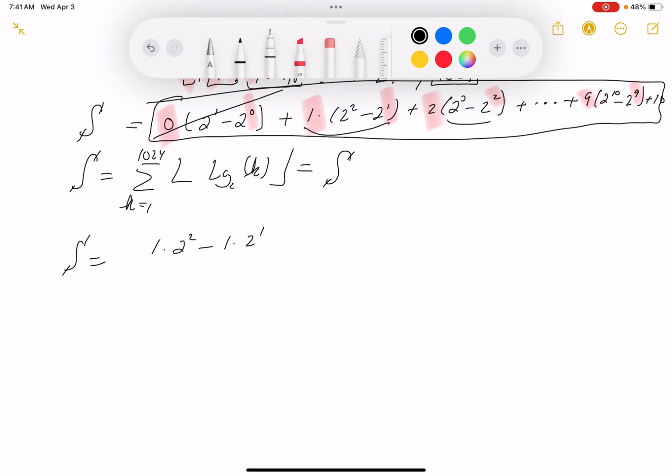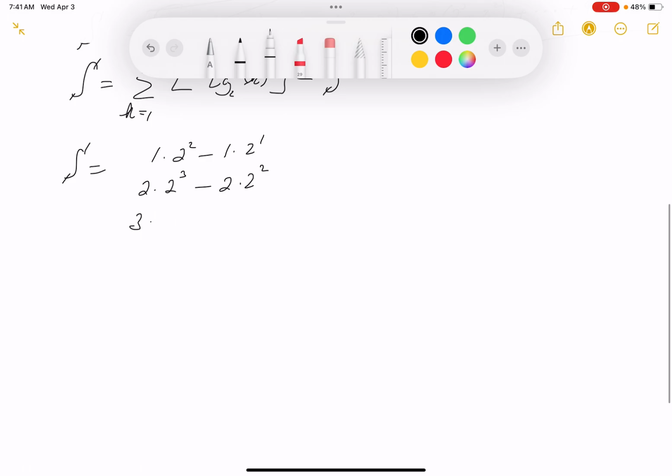All right, this one's done. Let's write the next one down. What do you get there? You get 2 times 2 cubed minus 2 times 2 squared. What's the next one going to be? 3. It's not that bad to write down, actually. And then, 4. Let me put 3 over here, too. Let me put these down, too.